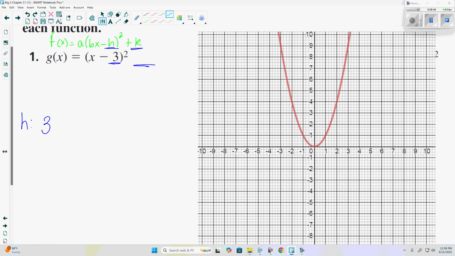It is 3. Now would that 3 be positive 3 or negative 3? It would be positive because we have x minus h, x minus 3. X's line up, minus signs line up, so h is 3. Any other transformations there? No, so it's telling us we're moving it right 3.